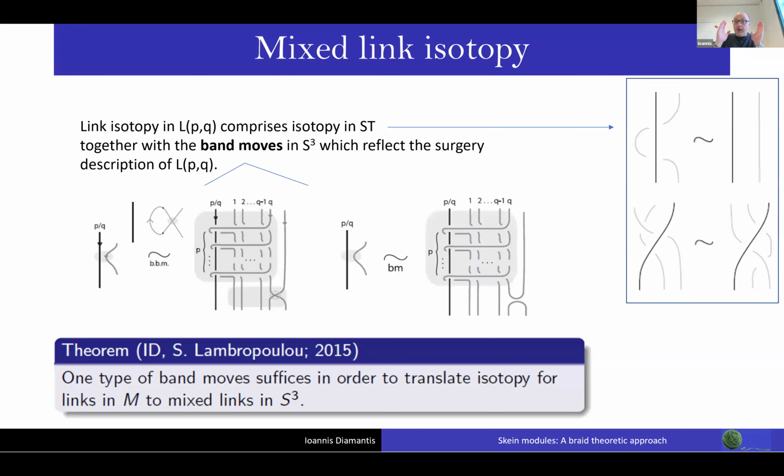So we have the classical Reidemeister moves for the moving part. We have the mixed Reidemeister moves for the moving part and the fixed part, as we said before. And we also have the band moves that actually correspond to the surgery description of the three-manifold that we have. All right.